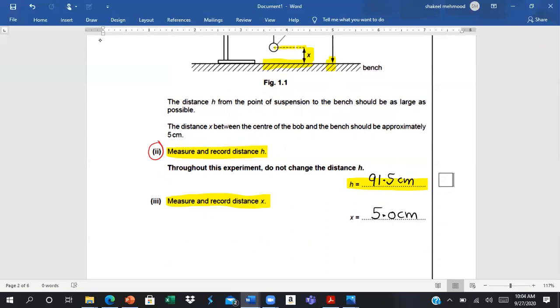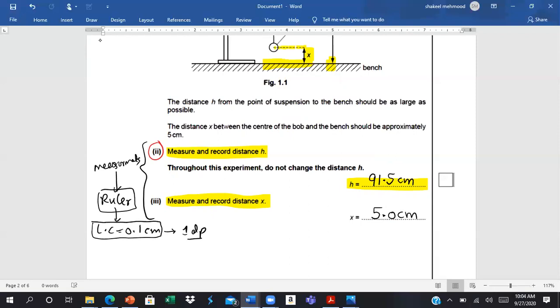So a point to be noted over here is that these two are your measurements, and you have used a ruler to measure them, and the ruler has a least count of 0.1 centimeter, which is 1 dp. So it means that every reading that you take using this ruler would have 1 dp, like this and this.